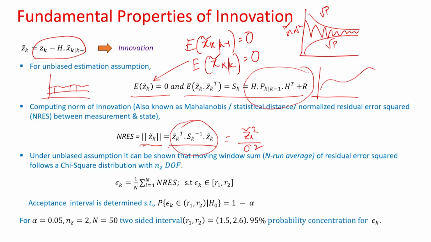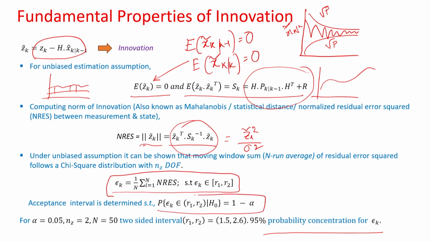Once it is chi-square distributed, if we take a moving window sum, then we can tell that it has some degrees of freedom. Okay. And you can check from your chi-square table what the percentage probability concentration is for your normalized sum of innovation. So, the acceptance interval is determined.